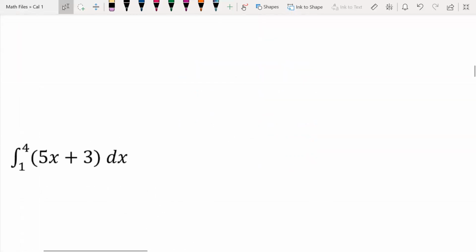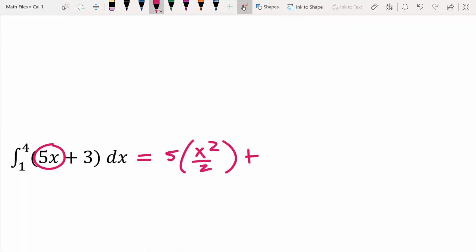The integral from 1 to 4 of 5x plus 3. All right. So the antiderivative of 5x is going to be 5 times x squared over 2 plus the antiderivative of 3 is 3x. And we're evaluating this from 1 to 4.